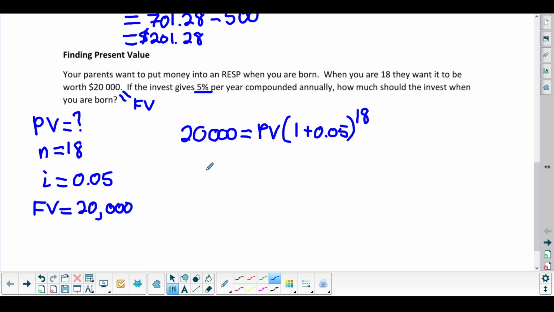We get our present value is equal to 20,000 divided by, and we'll take out our calculator, 1 plus 0.05, in brackets, to the power of 18. Make sure we close that bracket there.